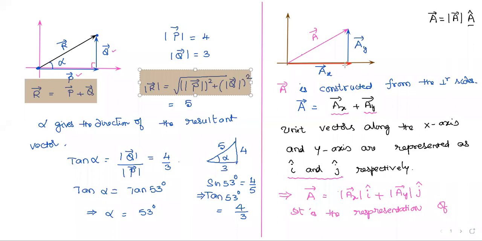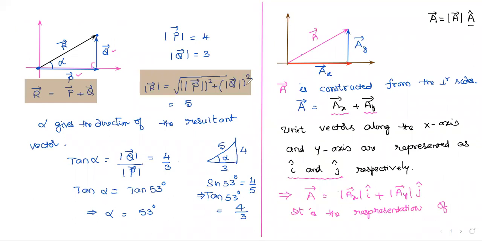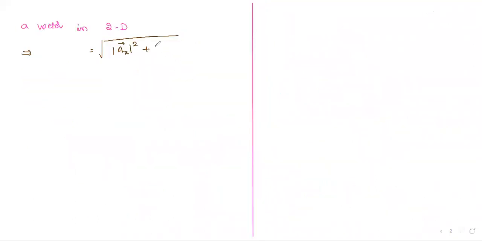So mod of this part, mod A x square, root of mod A suffix x square plus the other side, like here, mod of A y bar square is the resultant.